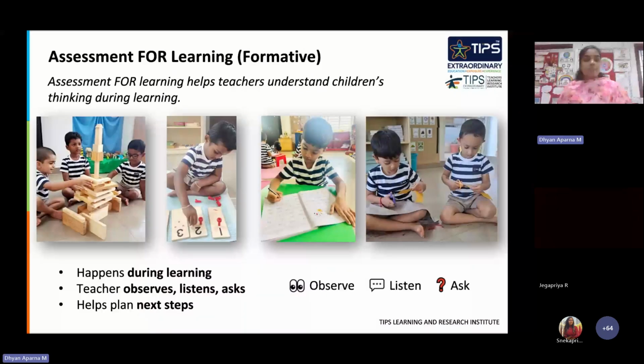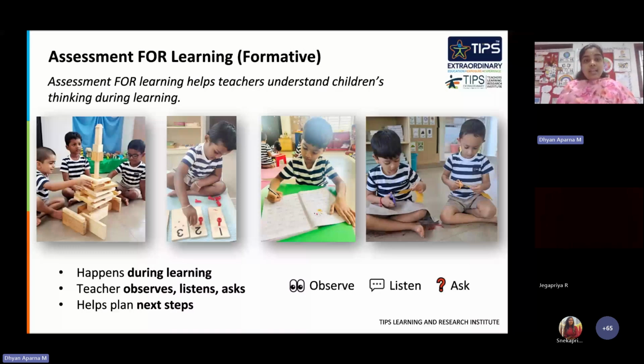Before I explain what assessment for learning is, let me ask you something. When learners are learning something, how do we know what is happening in their minds? Have you ever put this question to yourself? We don't fully understand their learning by focusing only on the learning outcome.